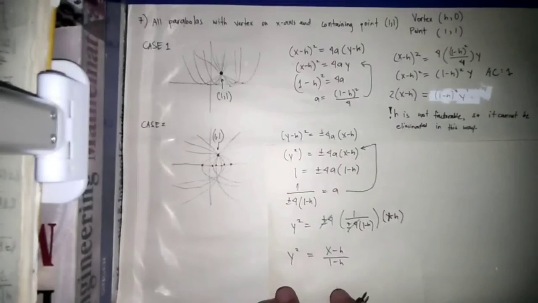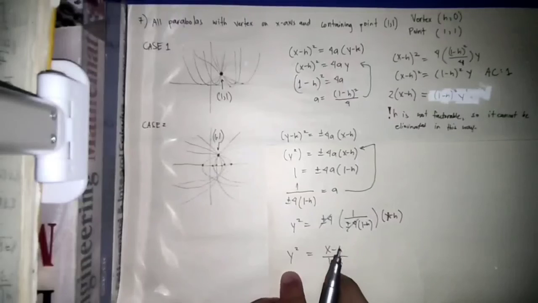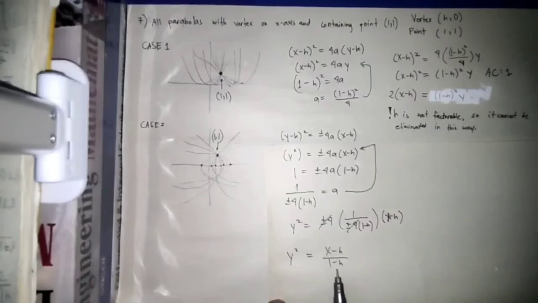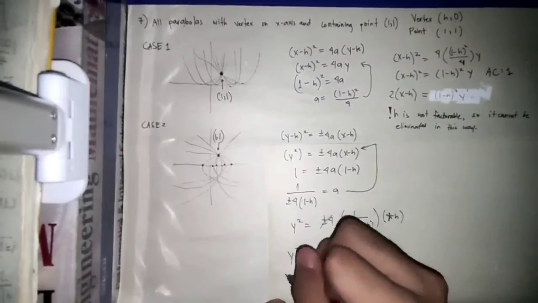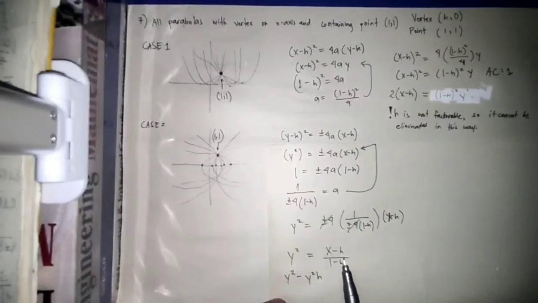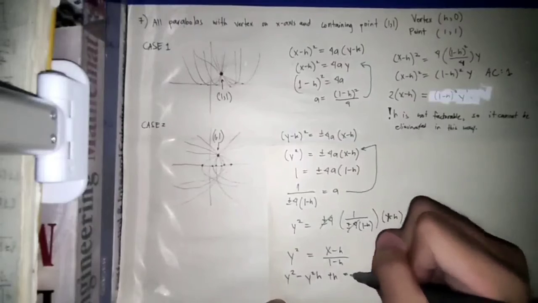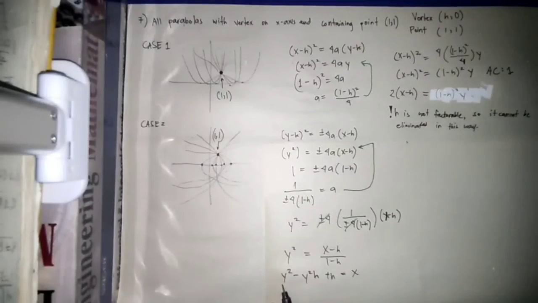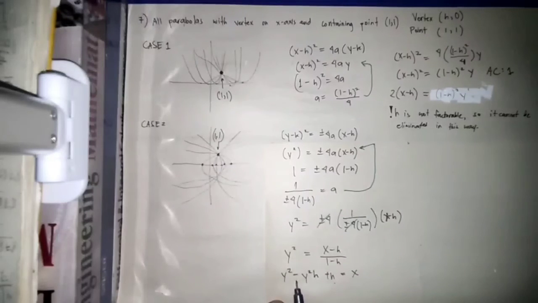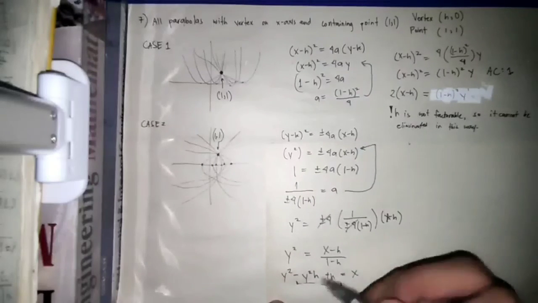Now let's try to arrange this equation whereas h is isolated. Let's multiply this here and transpose this negative h here. Also y squared, let's transpose this to the right side and let's factor h here.